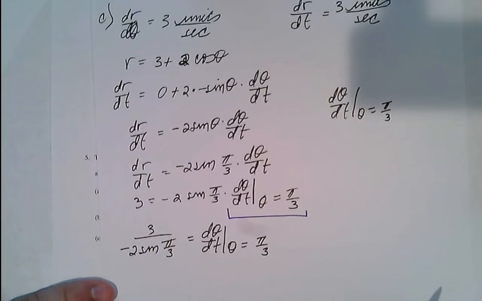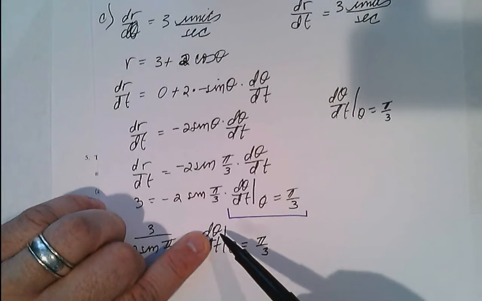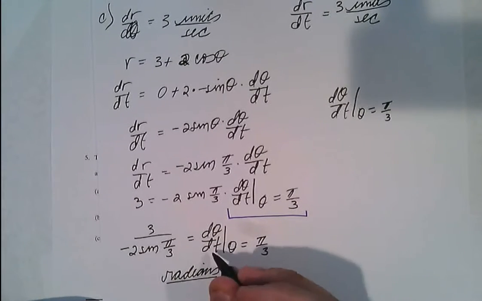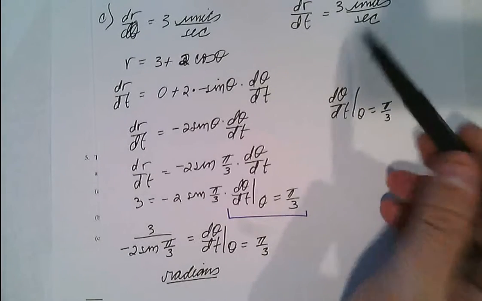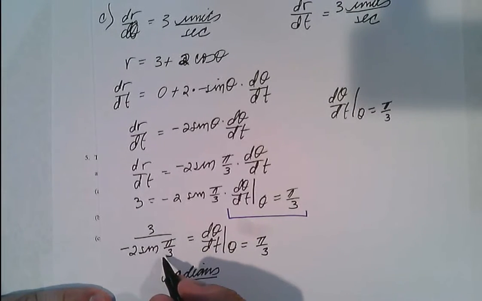Now, what are the units going to be? What are the units for theta, your angle? That has to be radians. The units for time, we were told that the radius changes at a rate of 3 units per second, so we're measuring time in seconds. If you want to simplify, that's fine. Sine of pi over 3 is, what is that?